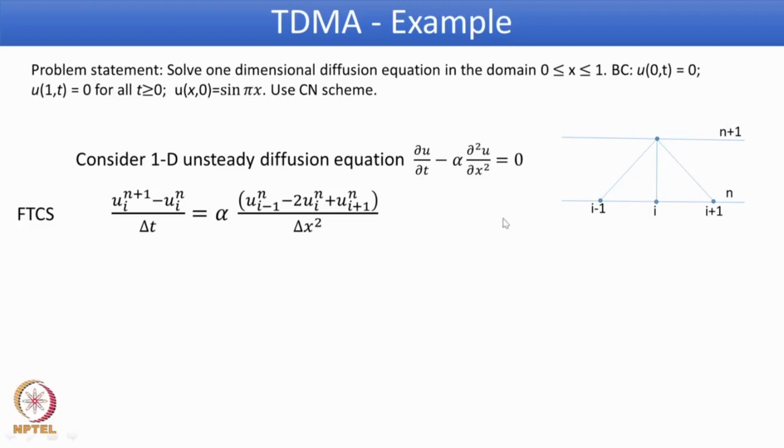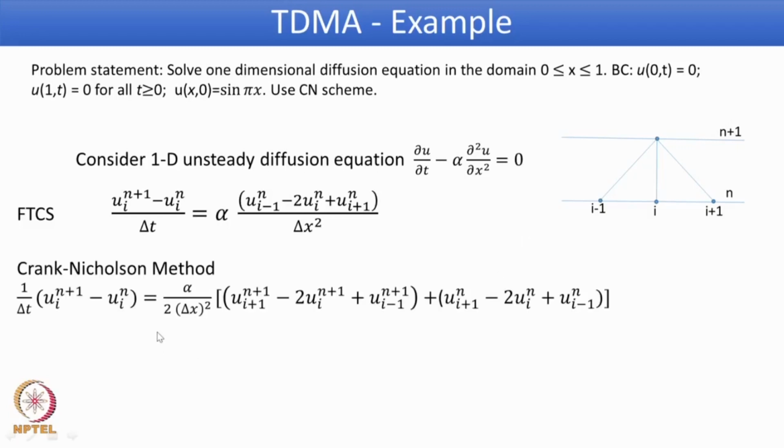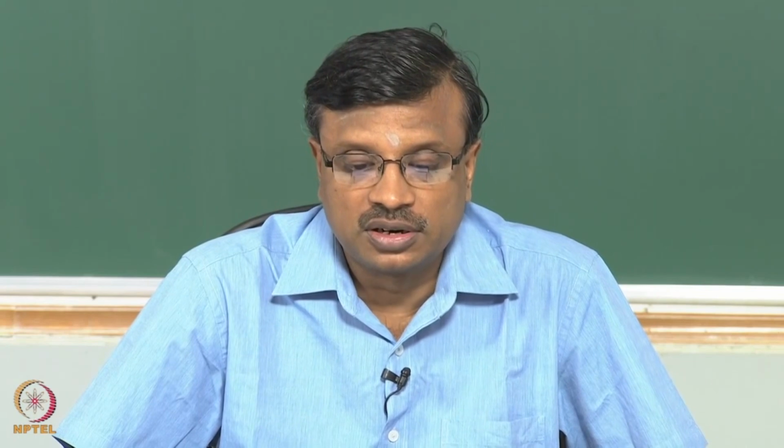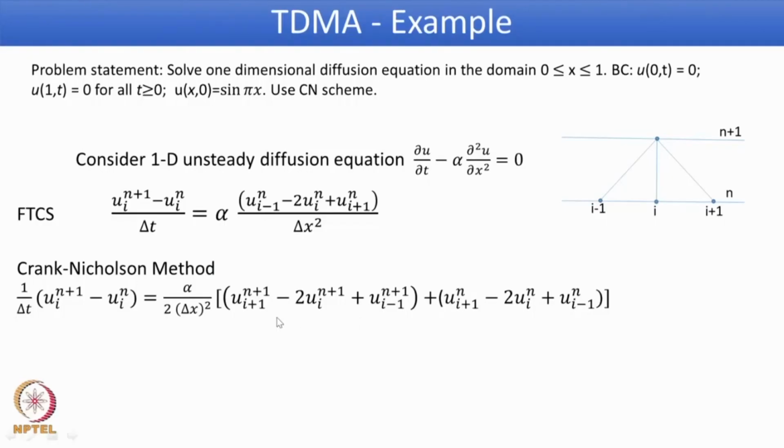In this problem specifically it is asked for the Crank-Nicolson scheme. So, for the same governing equation we write down the Crank-Nicolson scheme and that is shown here. So, on the left hand side you have the time derivative term that is the same forward in time. The difference is only for the spatial dou squared u by dou x squared, that is written in the form of the Crank-Nicolson scheme. We know the Crank-Nicolson scheme is a semi implicit scheme, that is it is half explicit and half implicit, and you are able to identify that here.